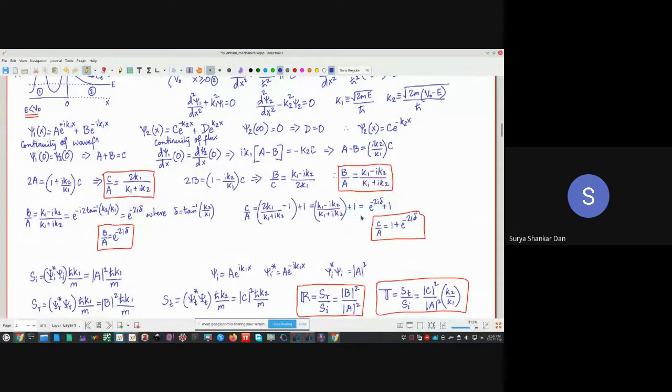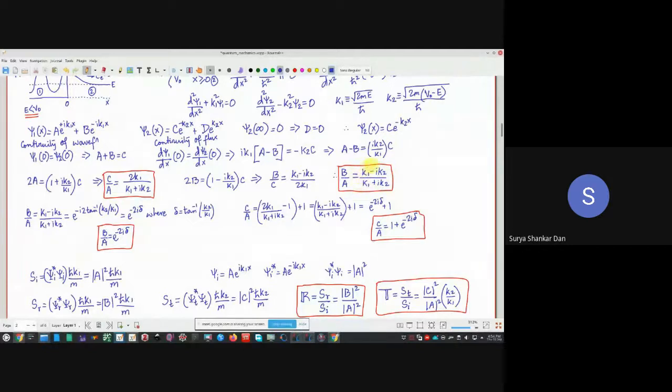Okay. You end up in basically getting these two relations, C by A and B by A. Now comes a very important part. देखो, B by A को अगर हम देखेंगे ना, इसका magnitude जो है ना, what is the magnitude of this? Magnitude is 1. What is the B by A ratio का? Magnitude is 1.